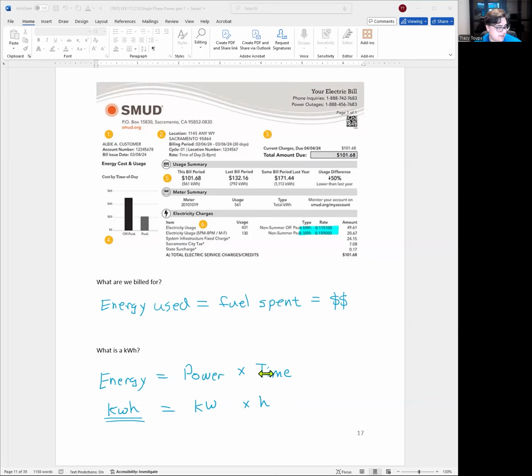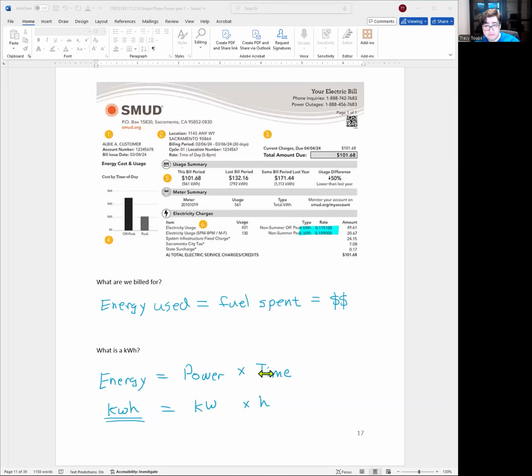And you can always take any device you have, look at the power ratings, and see how much power you're using and how much it's going to cost. So let's say you have a gaming PC that has a 1,000-watt power supply. Well, that's 1 kilowatt. So if you're using it for Bitcoin mining and it's running full throttle for a whole hour, you've used 1 kilowatt hour worth of energy.